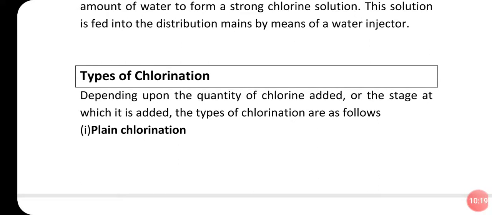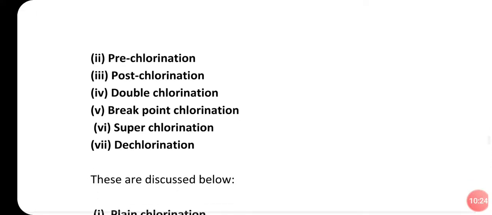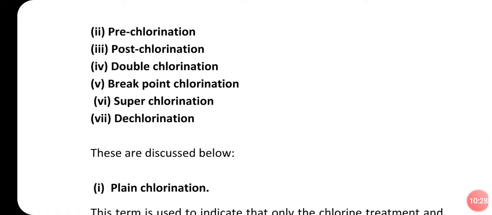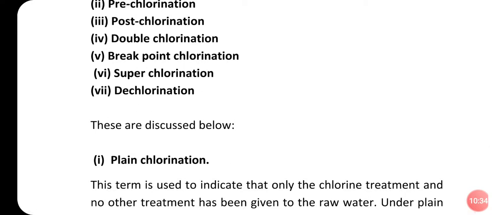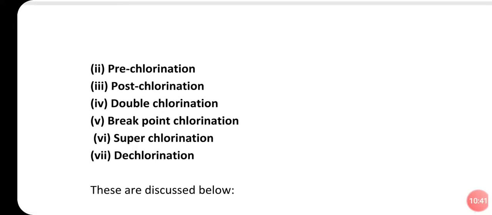First one is plain chlorination, second is pre-chlorination, third is post-chlorination, fourth is double chlorination, fifth is breakpoint chlorination, sixth is super chlorination, and seventh and last is dechlorination. So these are the different types of chlorination.